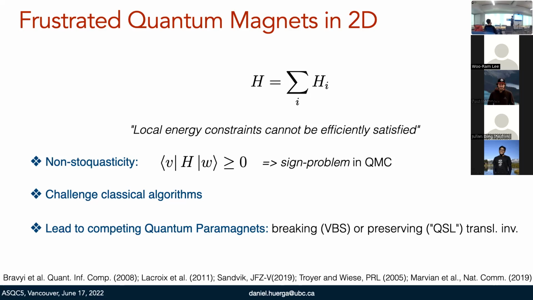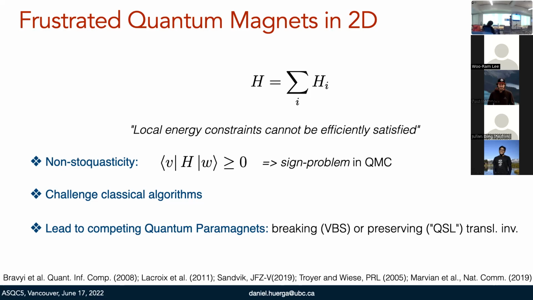When you have off-diagonal terms in the Hamiltonian that are strictly positive, this is rooting the sign problem in quantum Monte Carlo, which is the state-of-the-art classical algorithm to approach large spin systems in 2 dimensions, and therefore we do not have this tool.